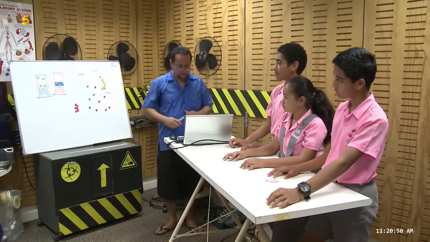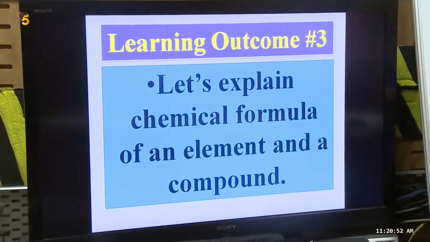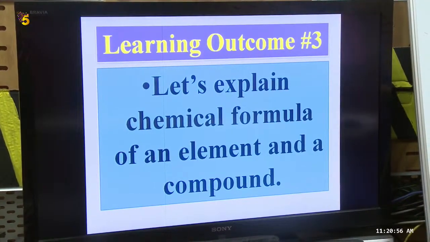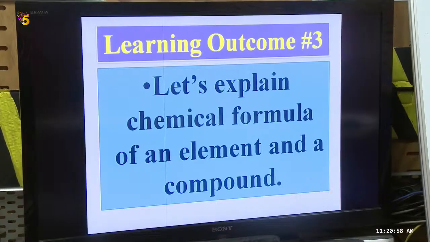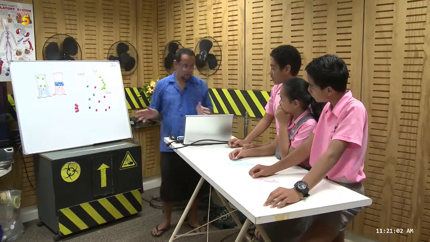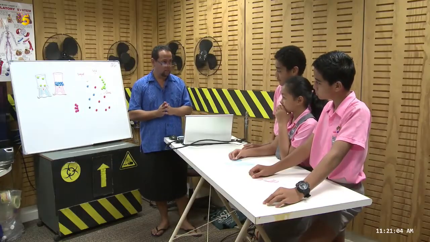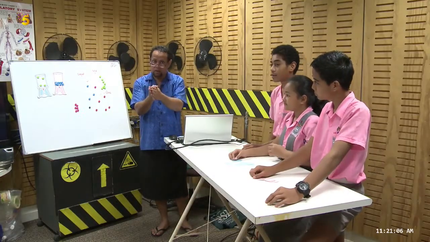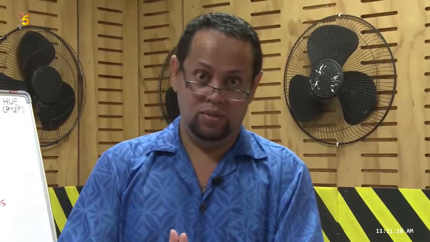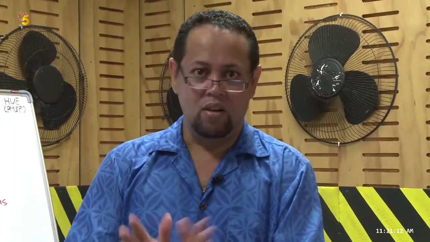Let's have a look at that one. Explain the chemical formula of an element and a compound. Before, you have already started this: elements and compounds, atoms.